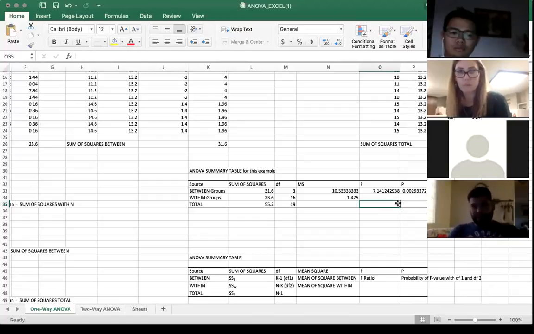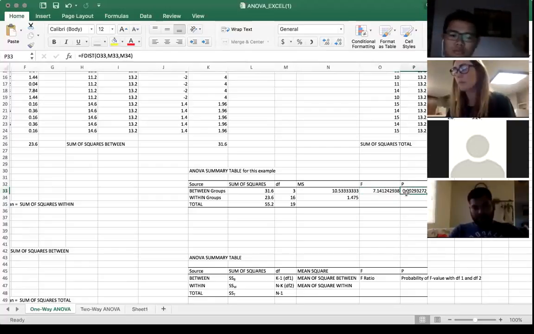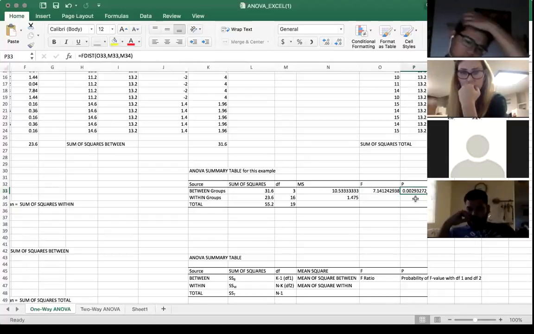And if we look this up, the probability of getting this 7 just by chance is 0.0029. So a very small probability, right? Smaller than 0.05, smaller than 0.01, right? So in those two scenarios, we would say there's a significant difference. What would you say if you had set the significance level at 0.001? What would you guys conclude in that case?